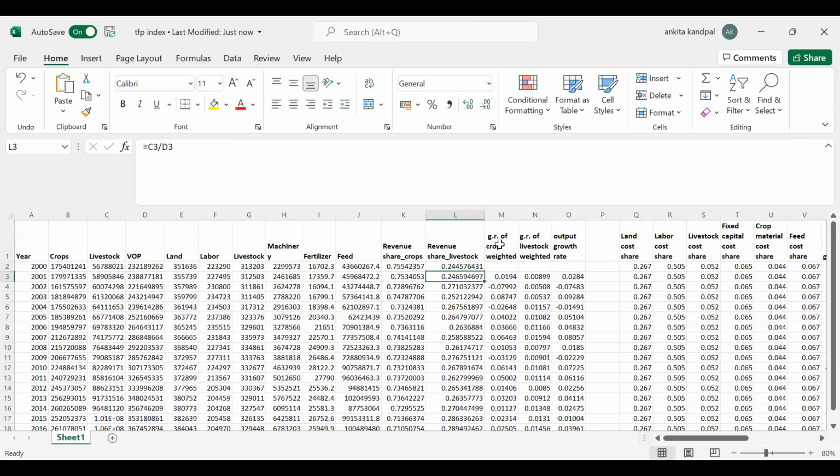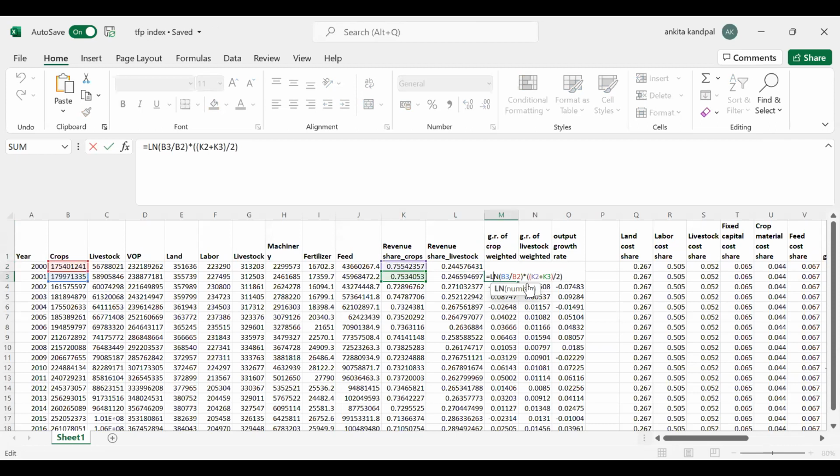Then to get the growth rate of crops, I have multiplied the revenue share to the logarithm of the value of production of crops, like log of value of production of crops for 2001 divided by value of production of crops of 2000, multiplied by the average of revenue share of crops from the years 2001 and 2000.